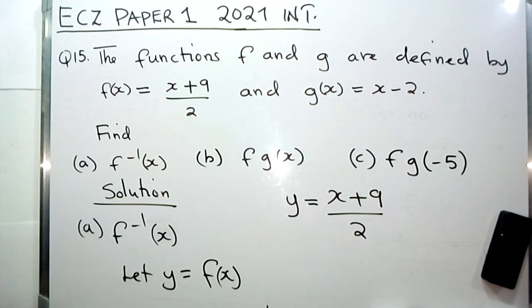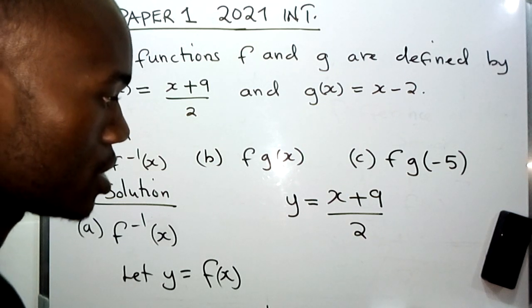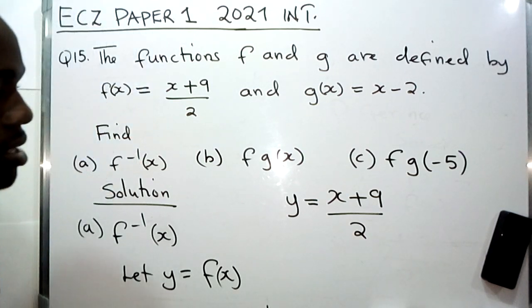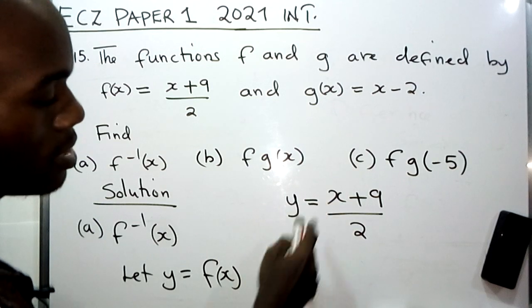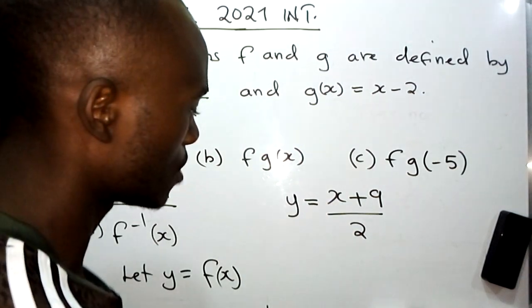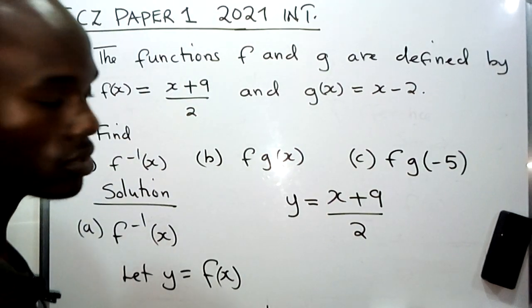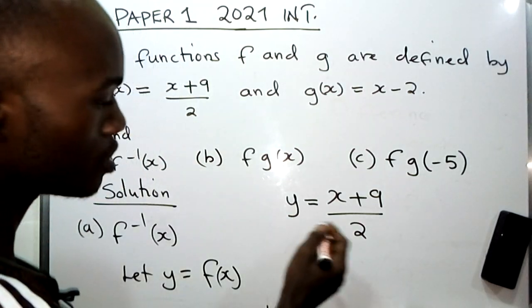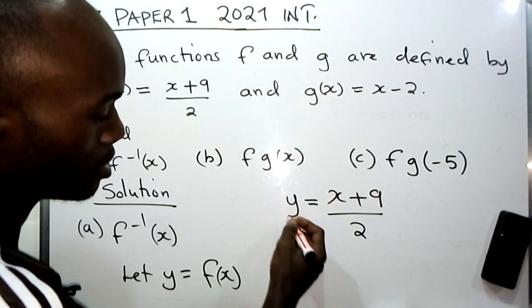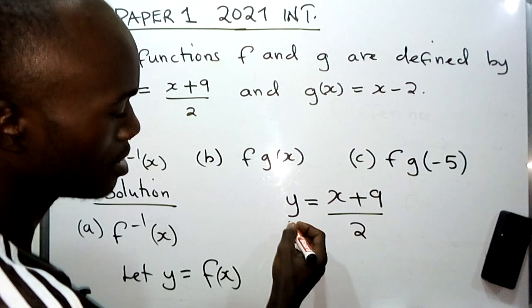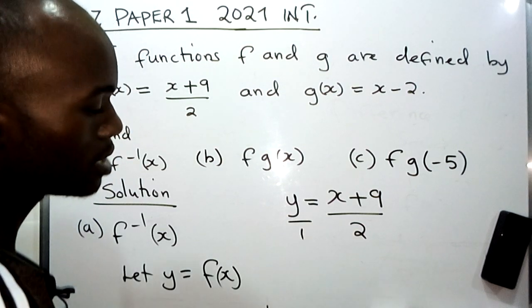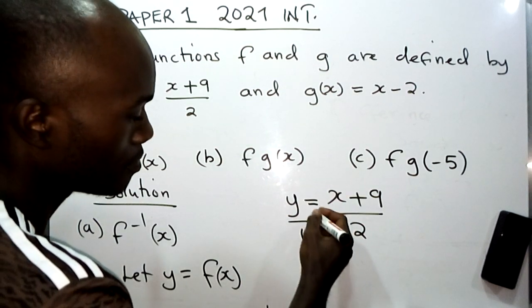Now at this stage, what we are going to simply do is make x the subject of the formula. To do that, we have to cross multiply. So we can write y as a fraction, just simply over 1. Then we can cross multiply.